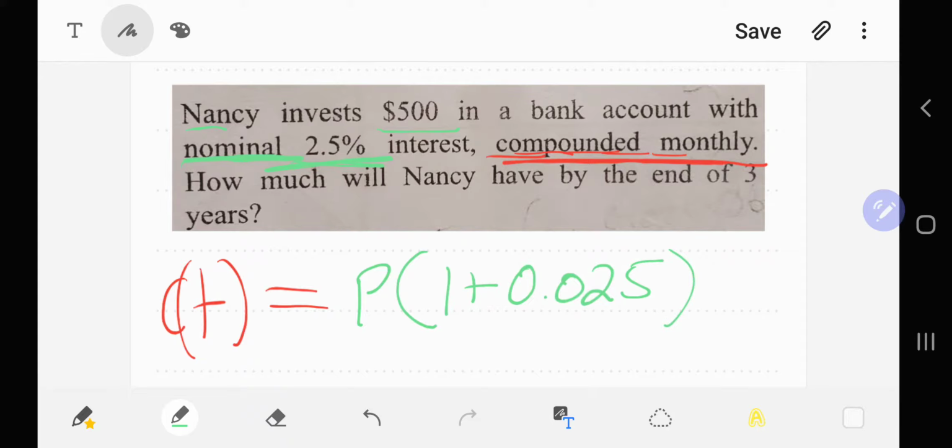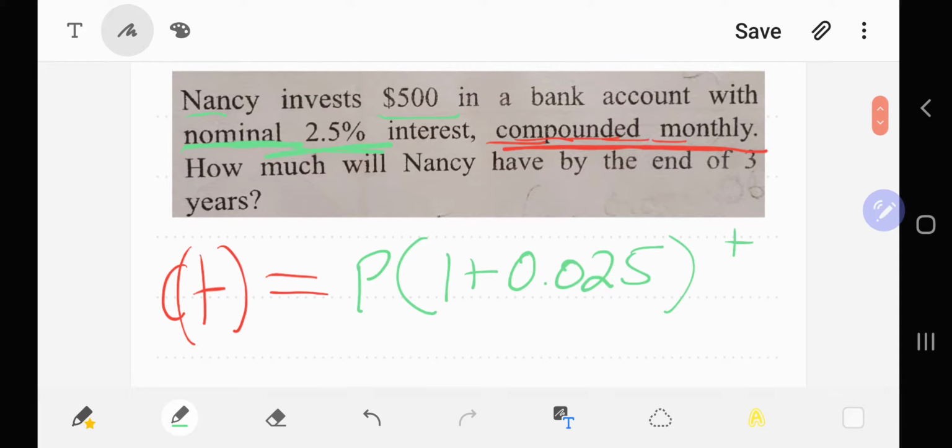But see that this would be a regular compounded question. So if it says 2.5% interest compounded annually, it would simply be this equation. But we're given, that's why I underlined it red, compounded monthly.